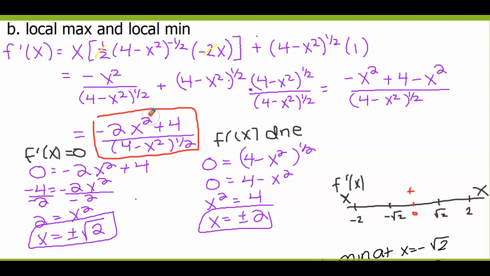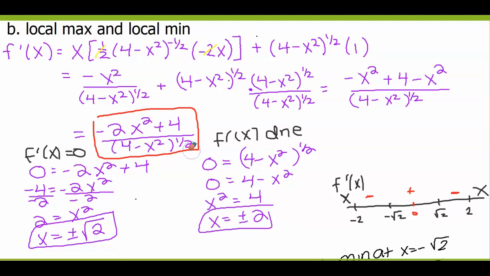So negative 2 times a number near 4 is like negative 8, which is less than 4. So that tells me my top is negative, bottom's always positive. So this is negative. Same thing's going to happen over here, because negative 1.9 and positive 1.9 squared are the same. So I know that my derivative gives negative, positive, negative.